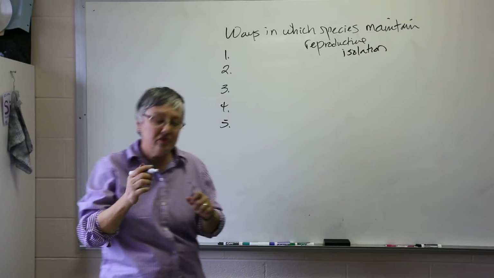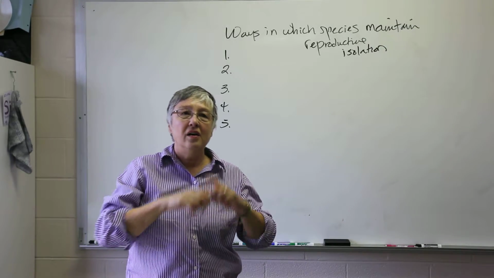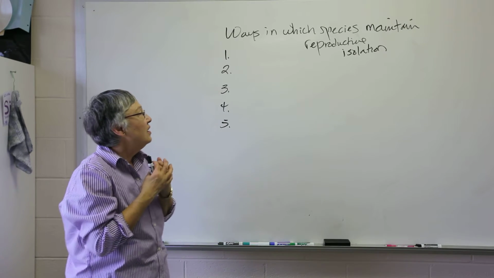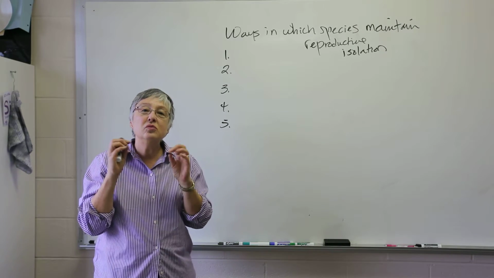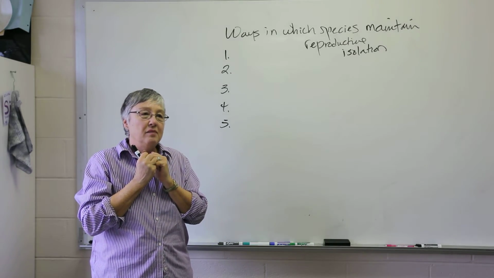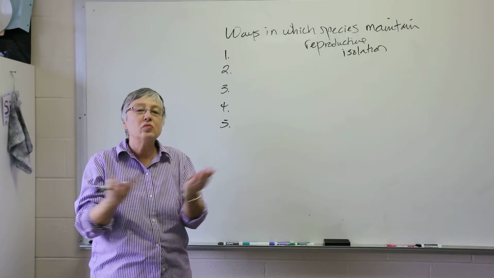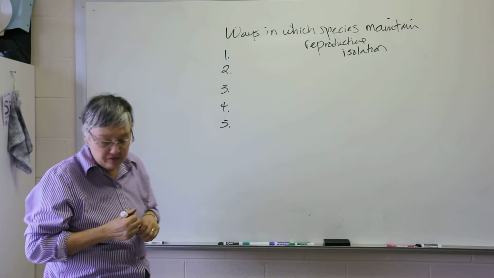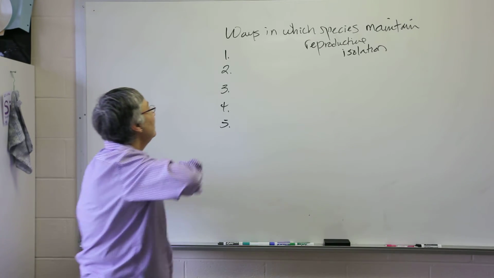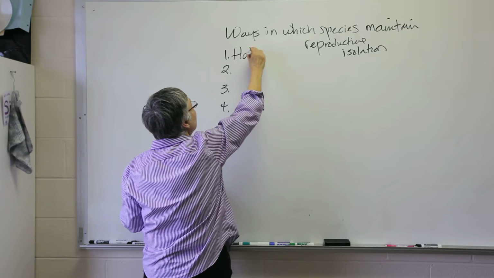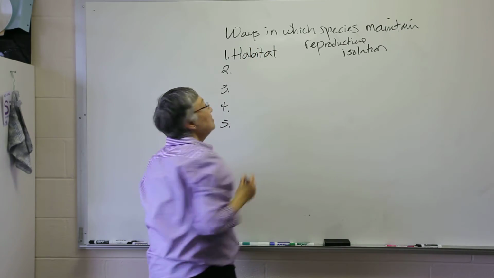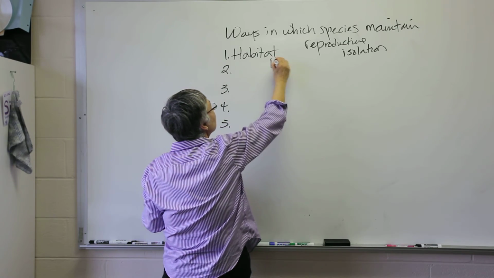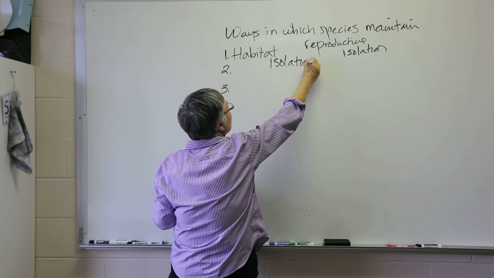In other words, how do we keep two species, perhaps they're very similar in appearance, how do those species maintain their isolation? Why don't we see interbreeding between them? And there's several different explanations. Number 1 is habitat, or habitat isolation, I guess is the best way to put that.